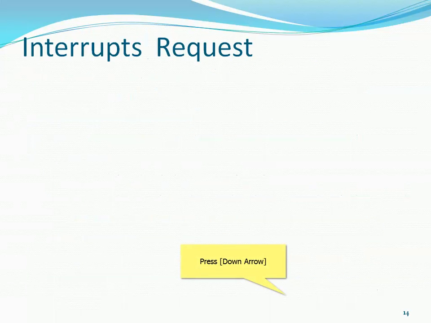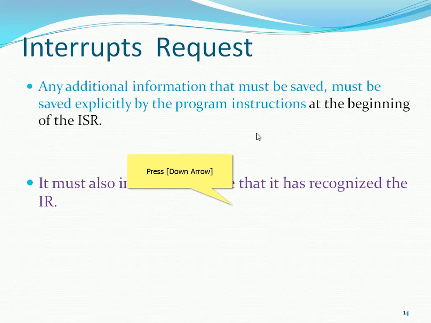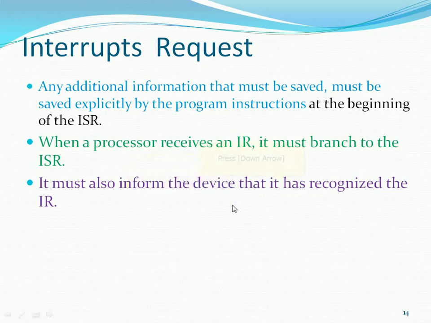So here there is a program execution, and any service is required. For that we have to raise an interrupt request. Any additional information must be saved explicitly by program instructions at the beginning of the interrupt service routine. It must also inform the device that has recognized the interrupt request.